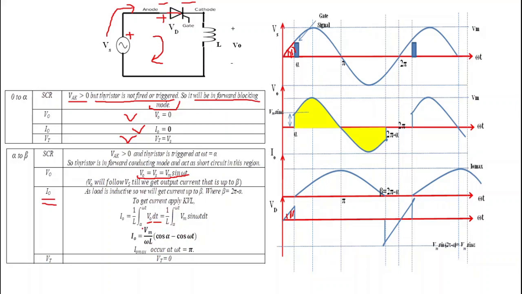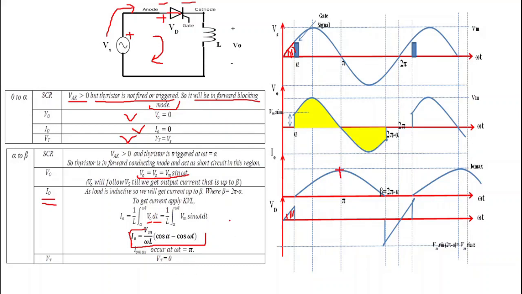So we get current starting from alpha. Integrating this, we get I0 equal to Vm by omega L times (cos alpha minus cos omega t), and the maximum value of this current I0 occurs at this pi.